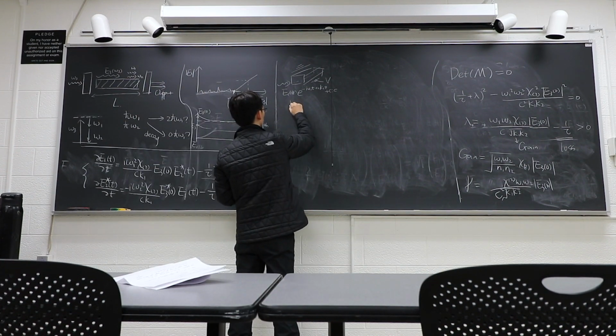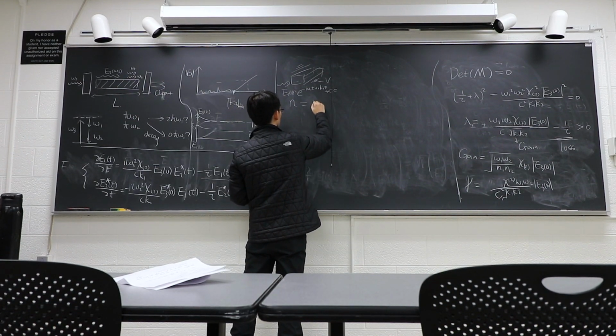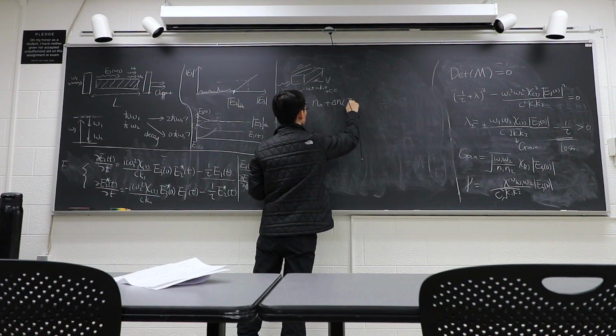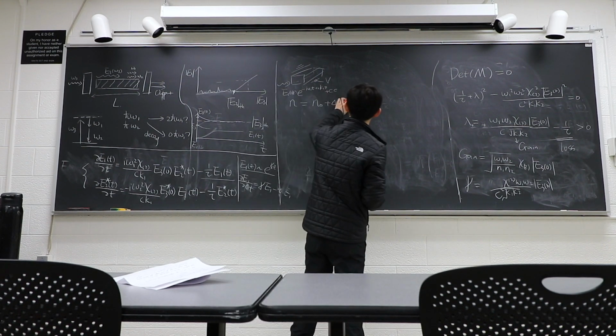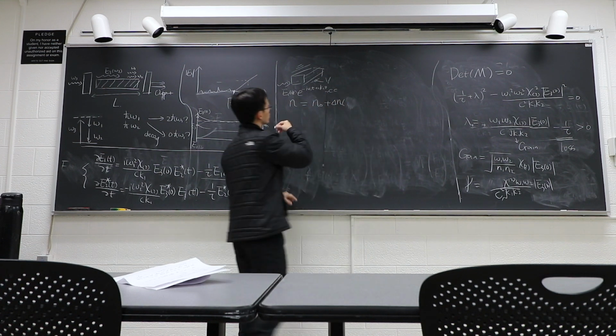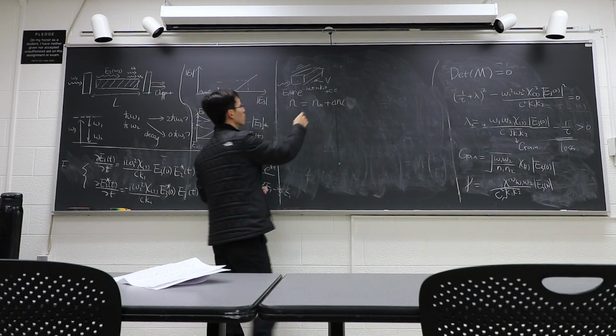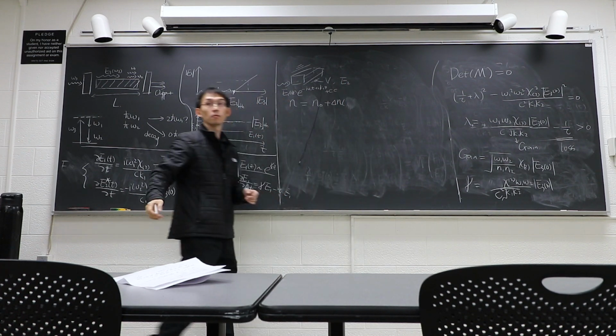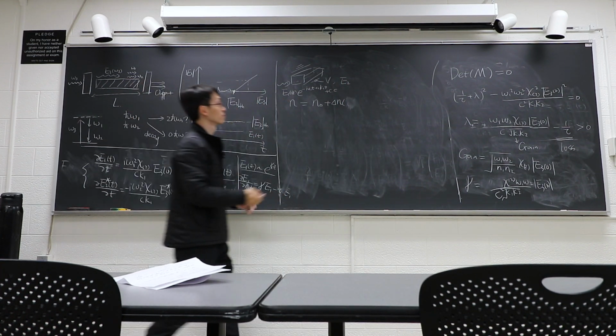So the refractive index n equals n naught plus delta n, which is a function of the voltage you add here. And we also know that when you add a voltage, you add a field, right? The voltage creates a field.